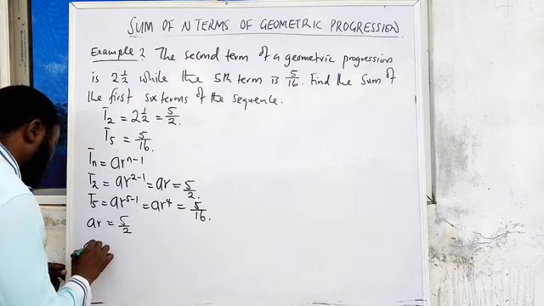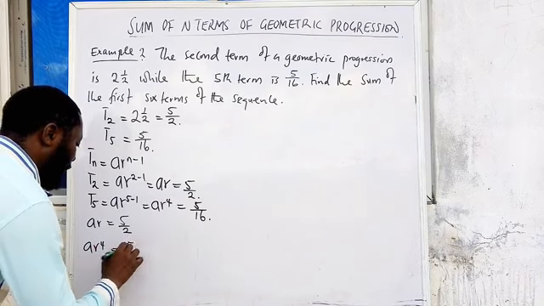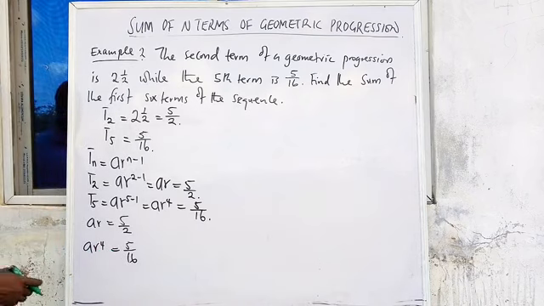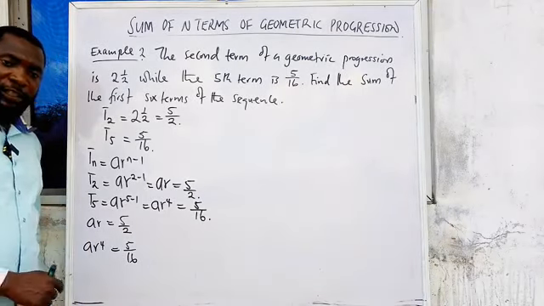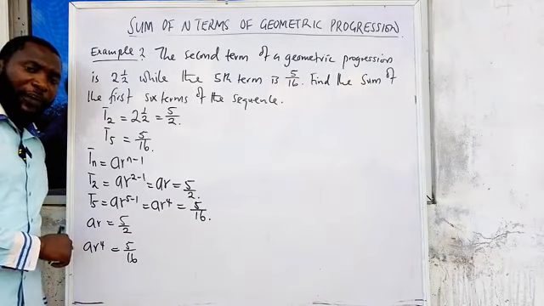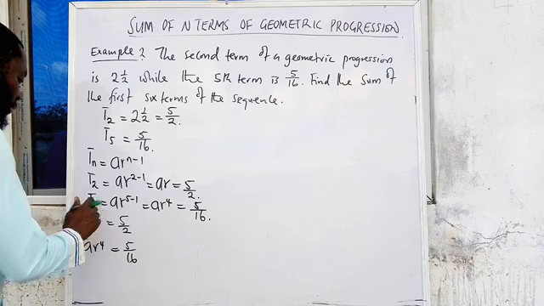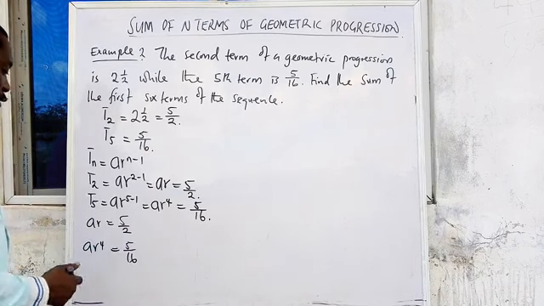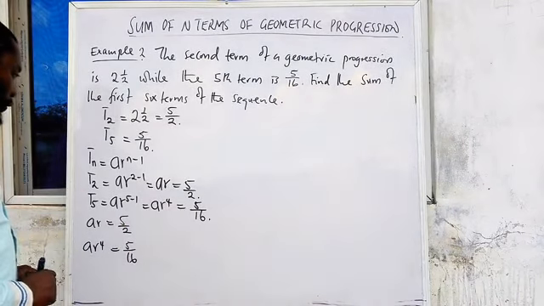The second equation: a r raised to the power of 4 equals 5/16. To eliminate a, we have to divide the two equations. Once we divide equation 1 by equation 2, we eliminate a and we can easily solve for r. Let's do that together now.